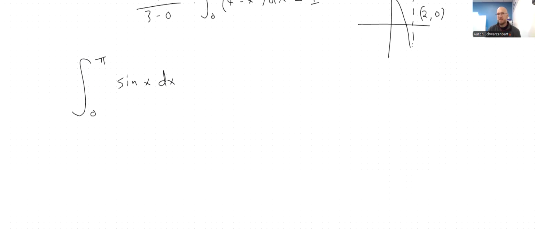Well, what would be the derivative of what would be sine x? Negative cosine x. And how you notate this is from pi to 0. So I do negative cosine of pi minus negative cosine of 0.